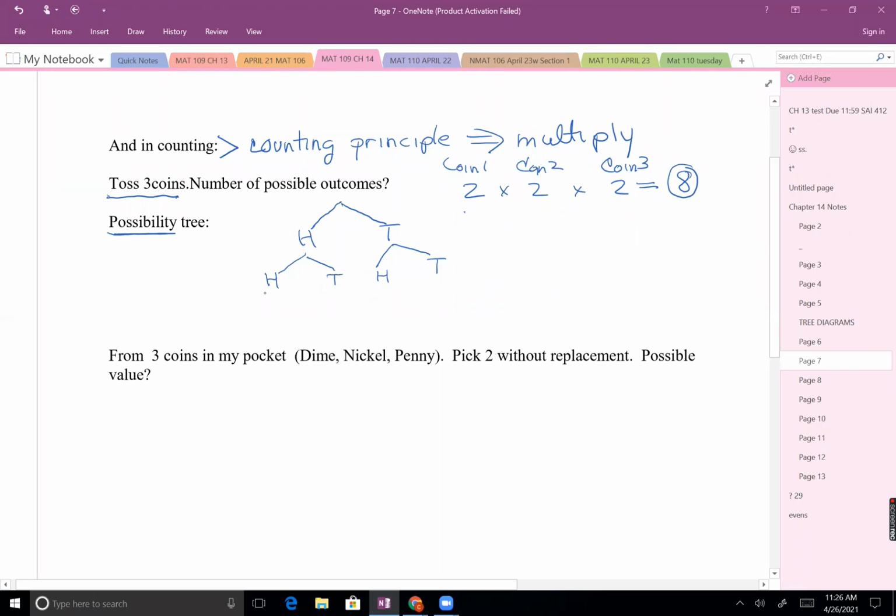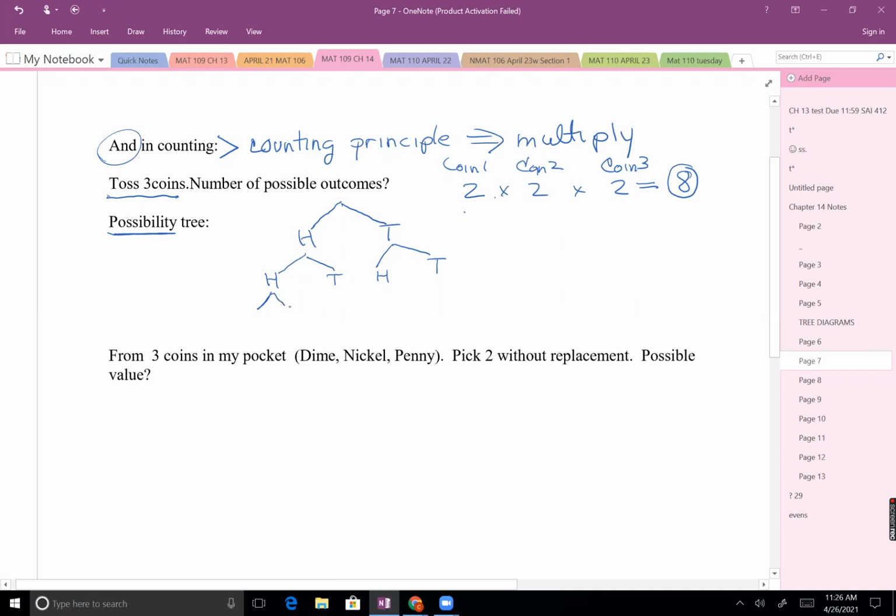Triella, how'd you get the 8? Did you do 2 times 2, get the 4, and then multiply it by the 2? Yes, ma'am. 2 times 2 times 2 is 8. That counting principle tells us that and means to multiply. Okay, I'm confused.